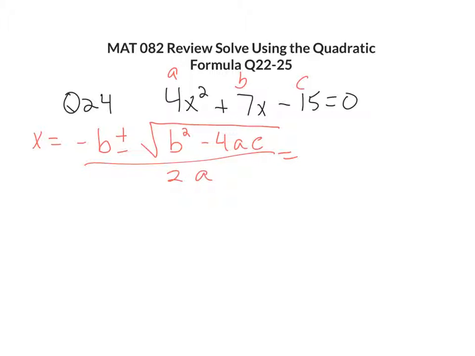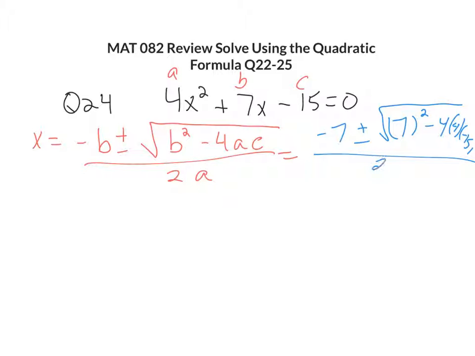So negative B, that'd be negative 7, plus or minus the square root of 7 squared minus 4. A is 4 and C is negative 15, all over 2A, and A is 4. So start simplifying this.